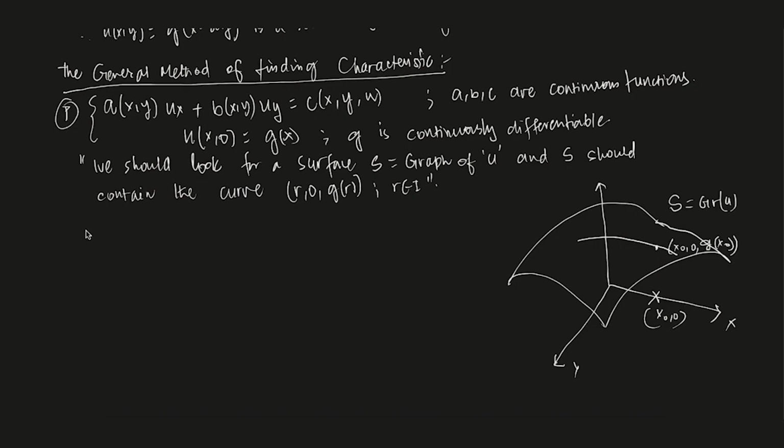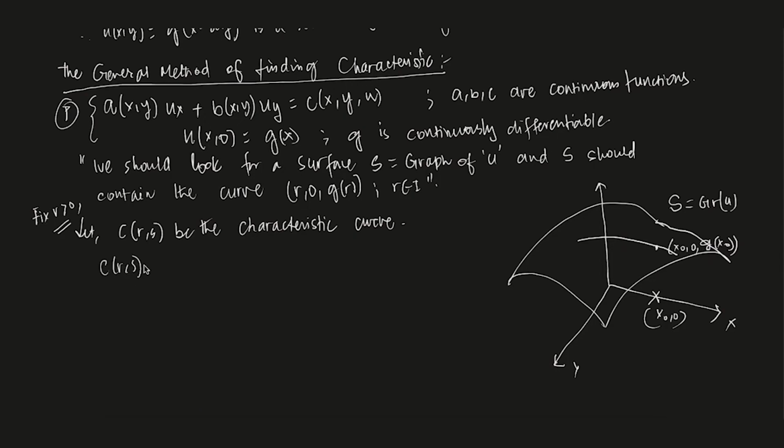Now let's write down the characteristic equation. For a fixed s, fix r greater than 0, where this r is varying on the x-axis. Let c of r, s be the characteristic curve.